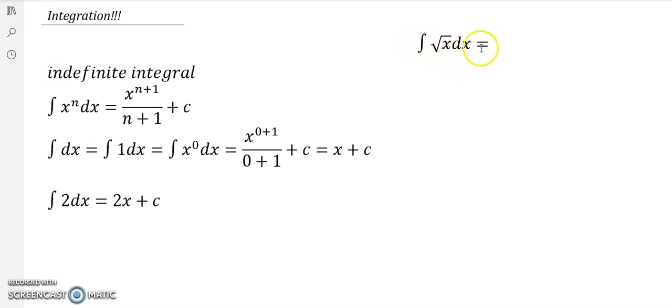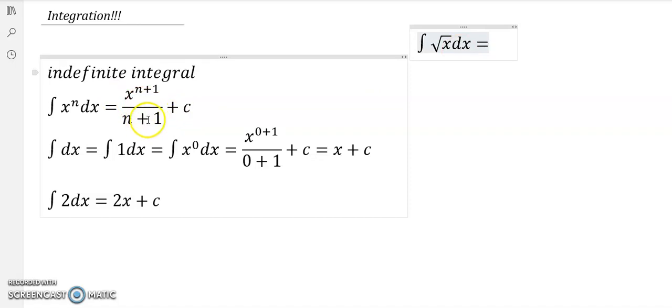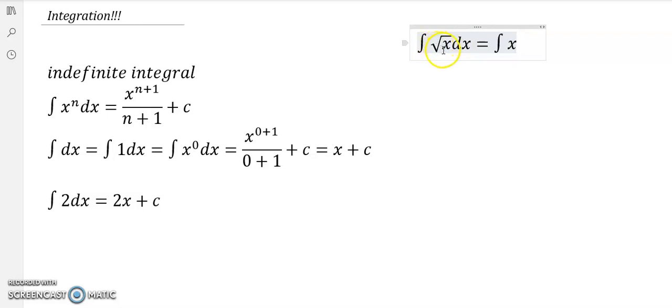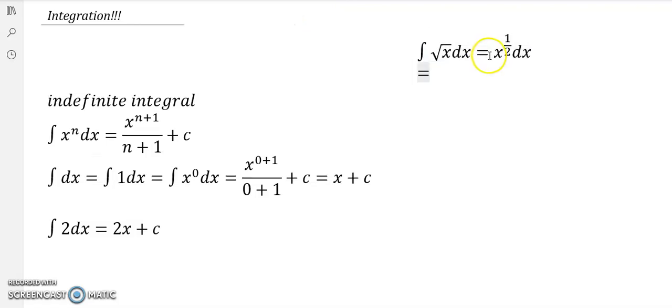Okay, let's conclude today's lesson by integrating this one. If we integrate this one using this approach, we're gonna get the integral of x to the power, root of x is x to the power half, then we're gonna get the integral of x to the power half dx.